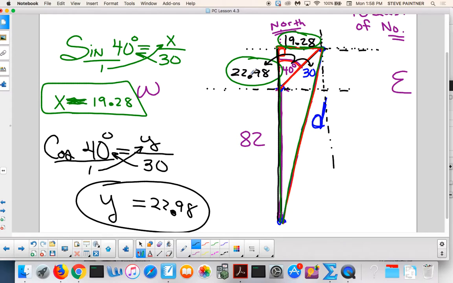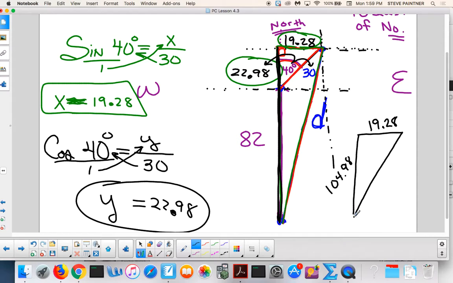All right. You see your big triangle now? From here to here is how far? Add the two, and what do you get? 104.98. Then you go this way 19.28. And your ship is here.